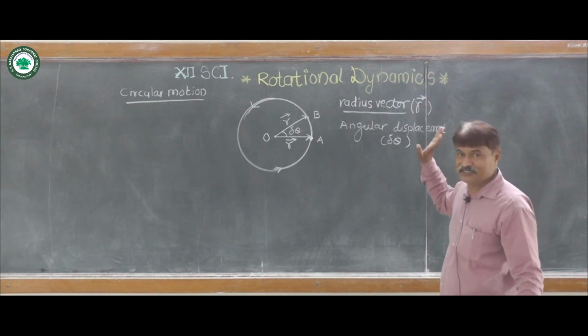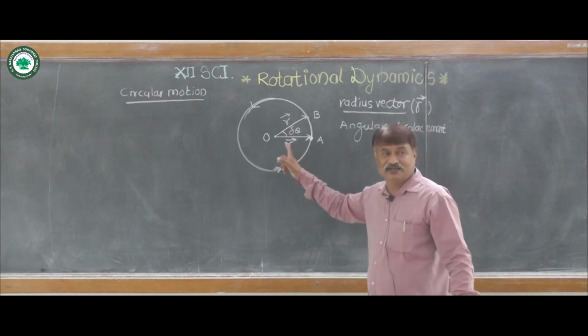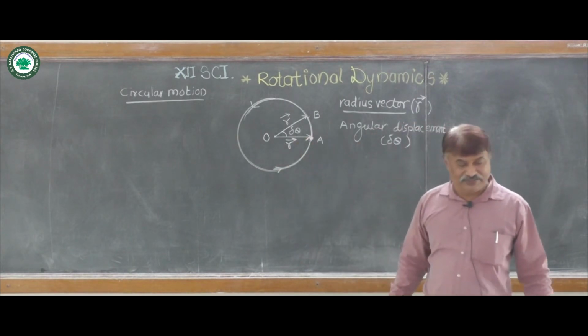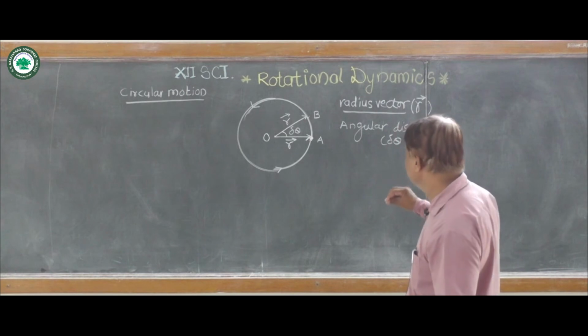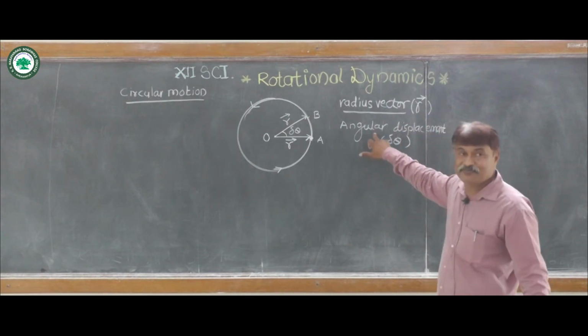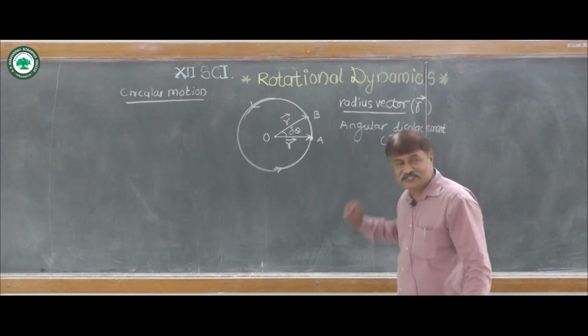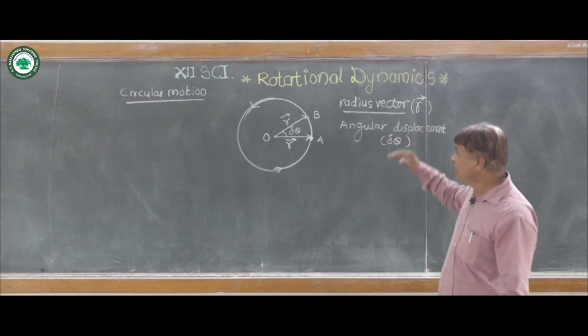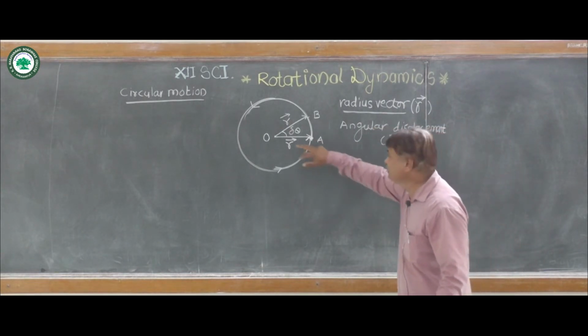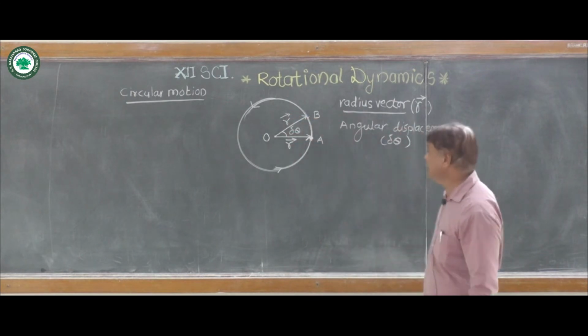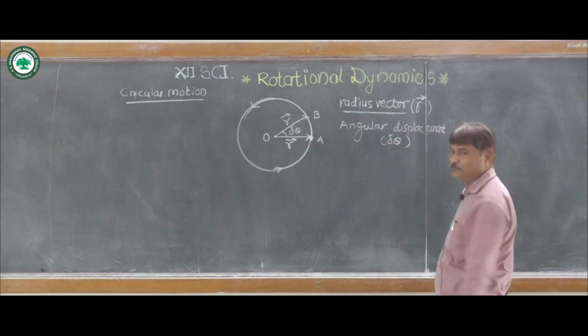Very simple definition. With the help of this diagram, we can define angular displacement. So, what is the definition of angular displacement? The angle traced by the radius vector in a given time is called angular displacement.